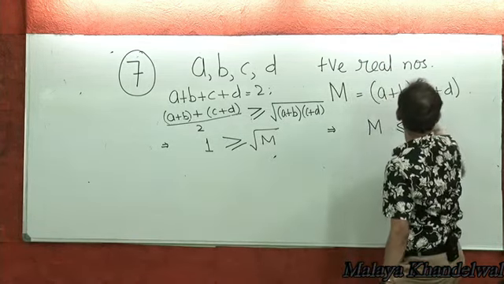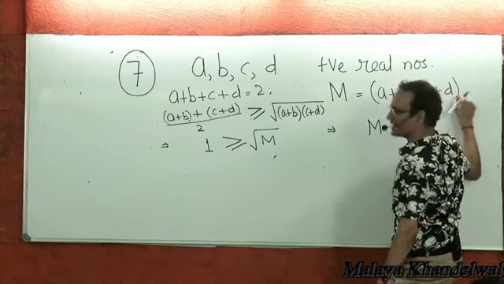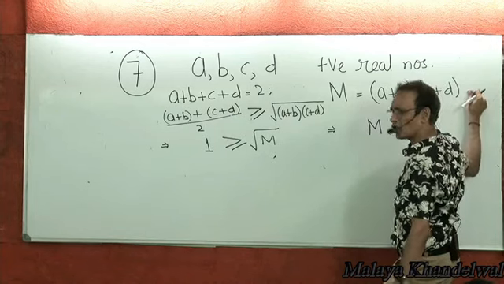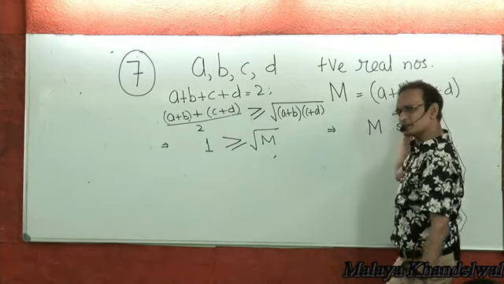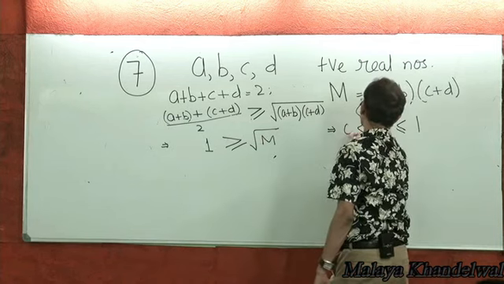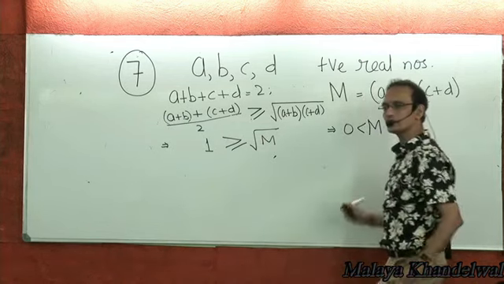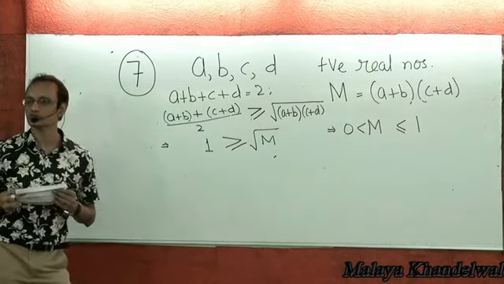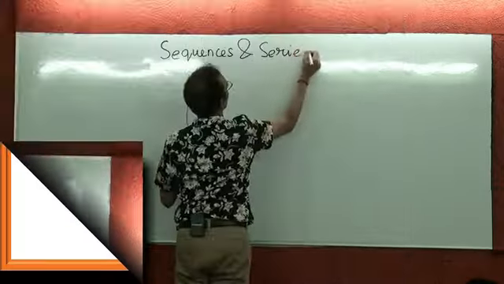But since A, B, C, D are positive, M will also be greater than 0. A plus B will be a positive number, C plus D will be a positive number, so their product will be greater than 0. So M is greater than 0 and less than or equal to 1.